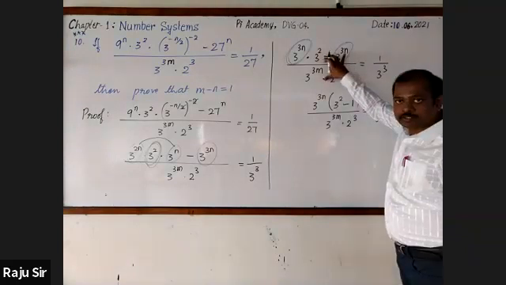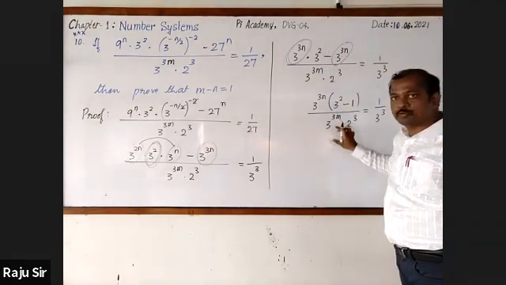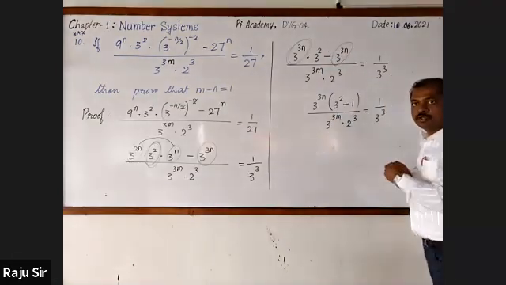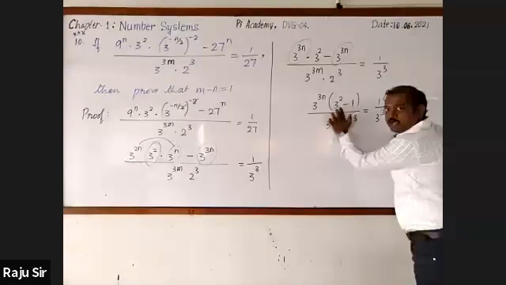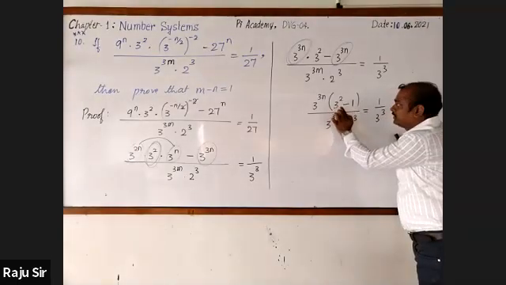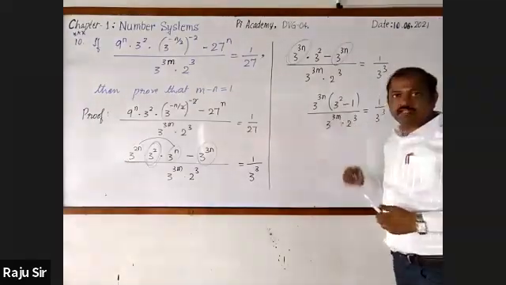Now I have written one extra step. You can write this directly. Now look, what is 3 square? 9. 9 minus 1 is 8. And 2 cube is 8. 8 gets cancelled. Yes, sir.